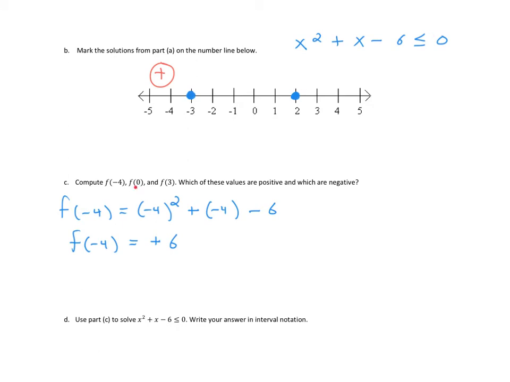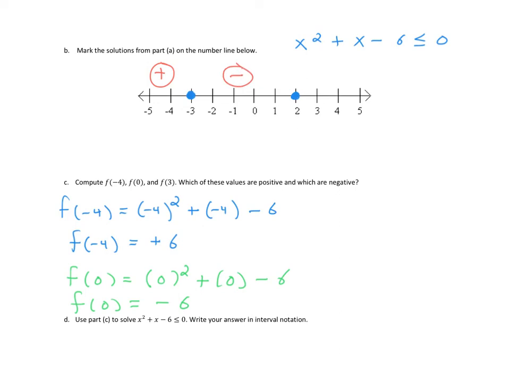So now that takes me to f of 0. What I'm going to do is take 0 and put that into my function. So 0 squared plus 0 minus 6. If we simplify this one, we get negative 6. And all I really care about is the negative part of it. That means from here to here, this expression is always a negative value.